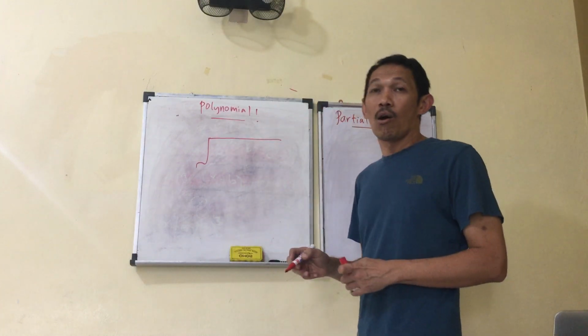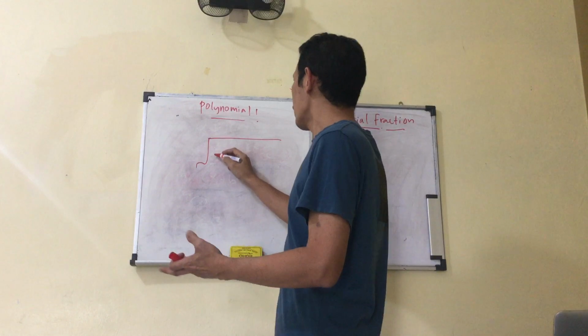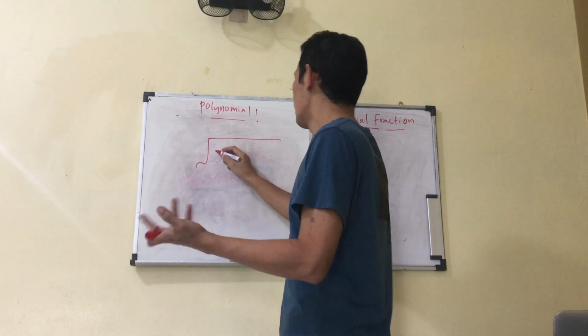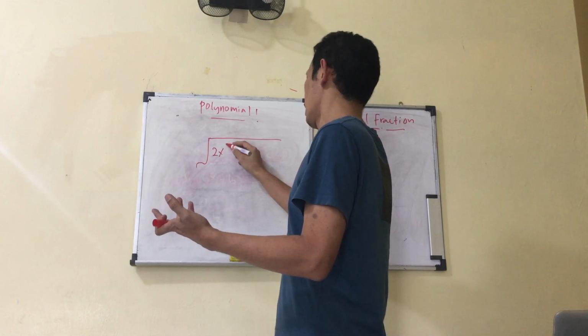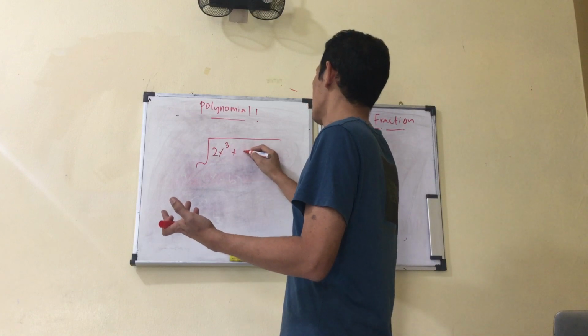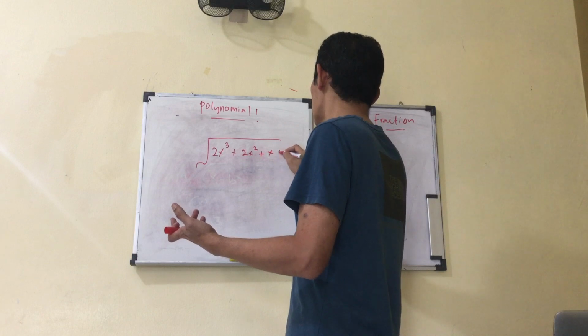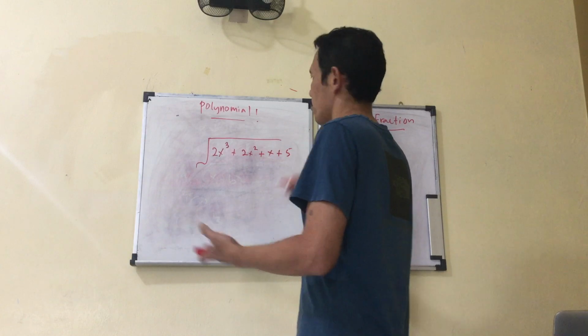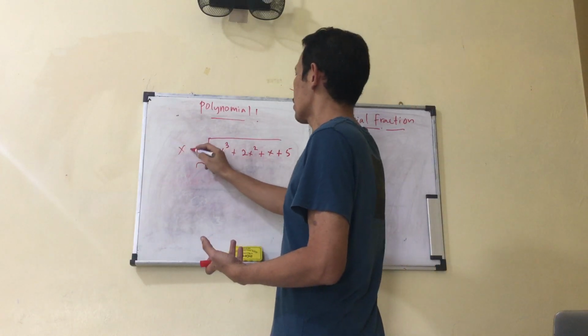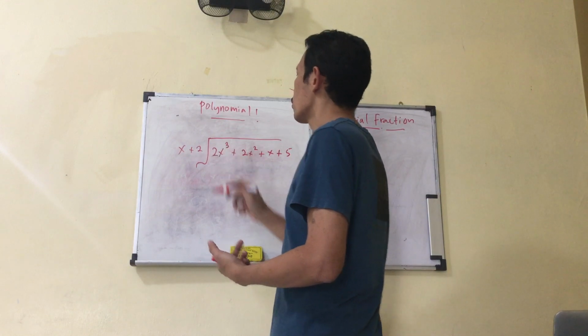In polynomials there is long division, and that long division normally will have, for example, 2x cubed plus 2x squared plus x plus 5, for instance, divided by x plus 2, right?